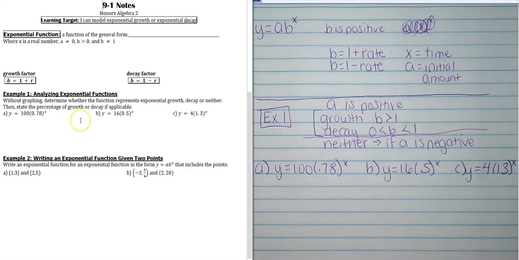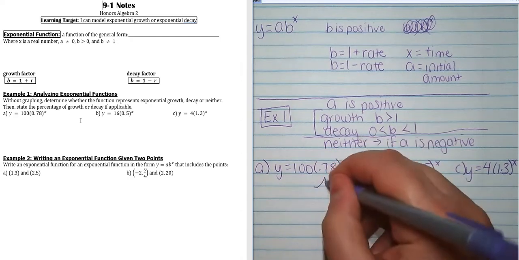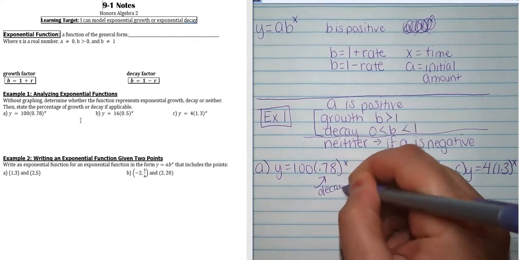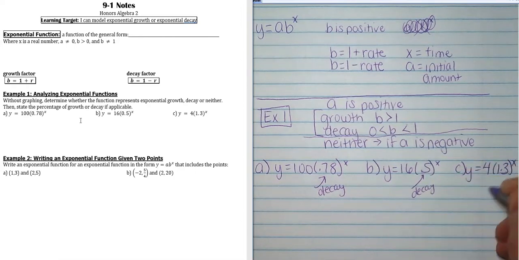Okay, state the percentage of growth or decay. So a value positive, all three of these, so check, check, check. Now, if you are less than 1, but bigger than 0, this is going to indicate decay. This 0.5 is going to be decay, and this bigger than 1 is going to be growth.